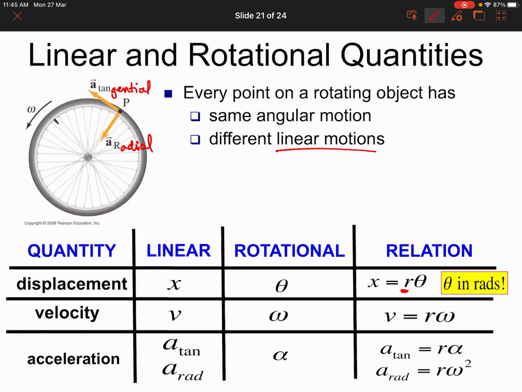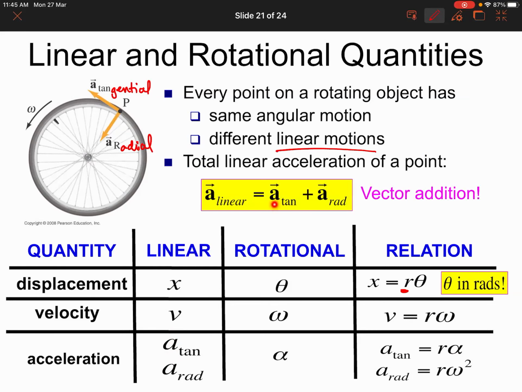But the radial acceleration depends on the angular velocity squared. So the total linear acceleration will be the sum of the tangential acceleration and the radial acceleration. Just remember that these are vectors, so you need to do vector addition for the total linear acceleration.